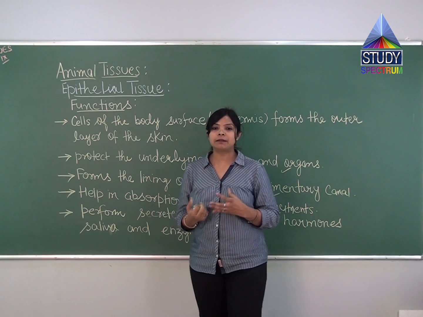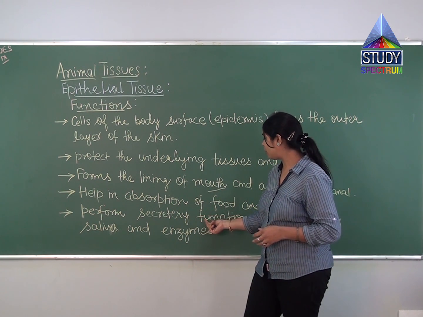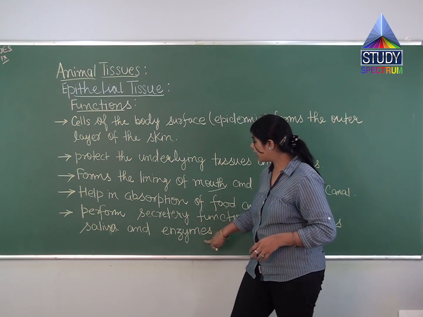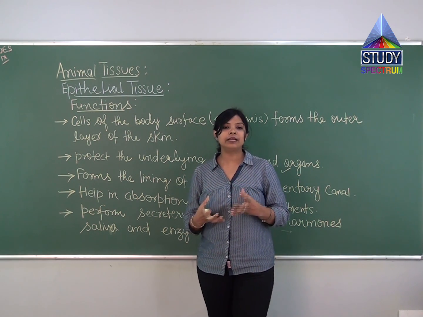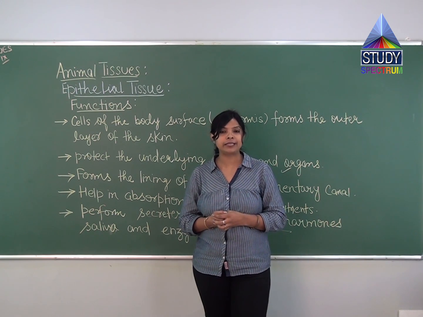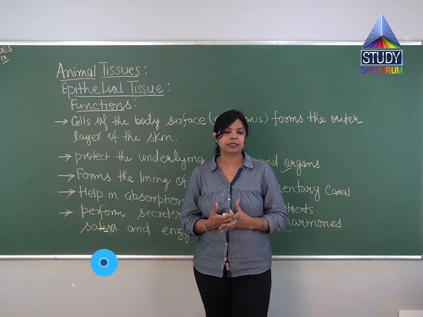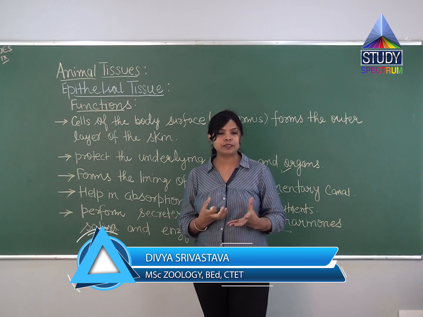Sometimes they also perform the secretory function, like secreting hormones, saliva and enzymes. There are different kinds of secretion that take place in our body, like different kinds of hormones, as there are the male reproductive part and female reproductive part, where different kinds of hormones are released.